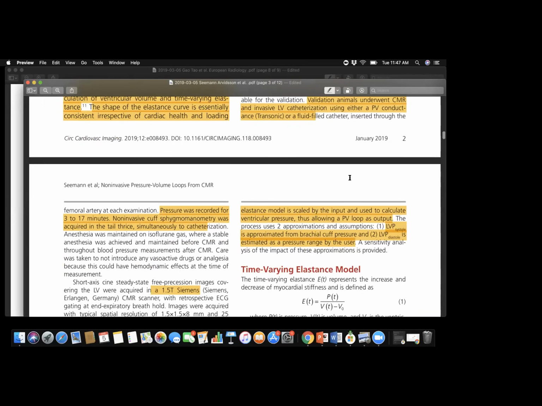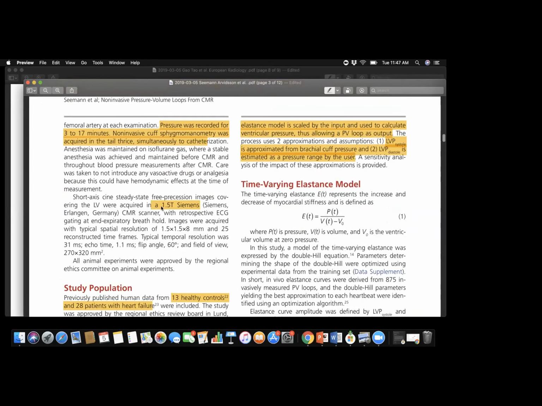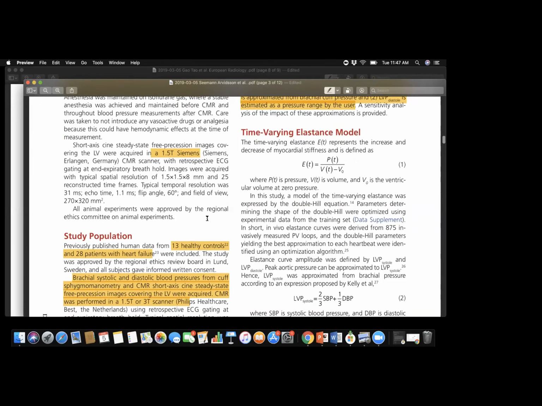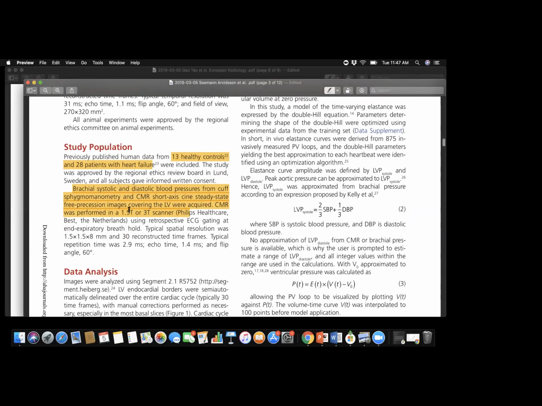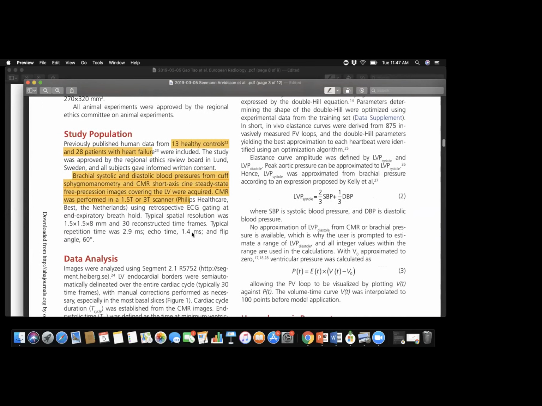There was also non-invasive assessment of pressure. The CMR was done on a 1.5 Siemens. Once they had the validation, they applied this to the study population: 13 healthy controls and 28 patients with heart failure. Patients had their blood pressures taken brachially and also underwent CMR.